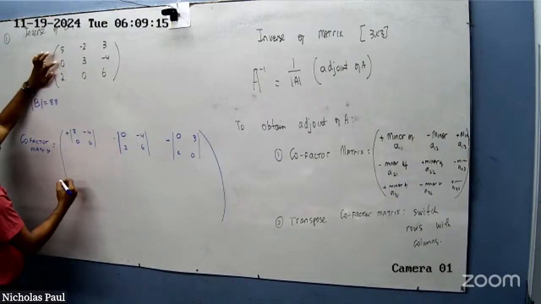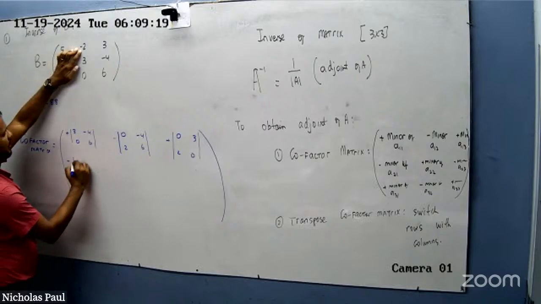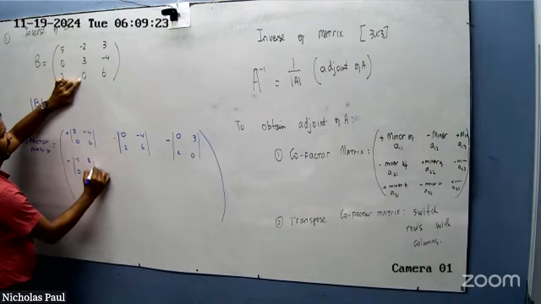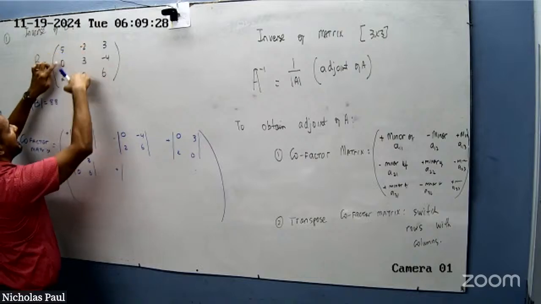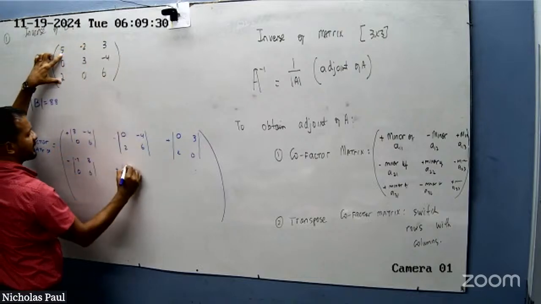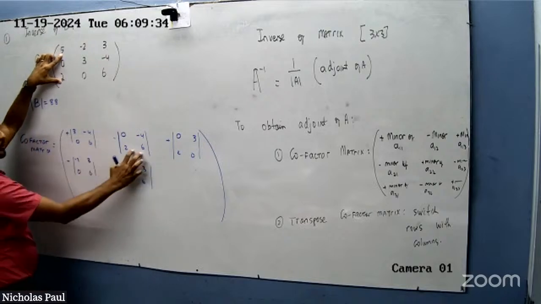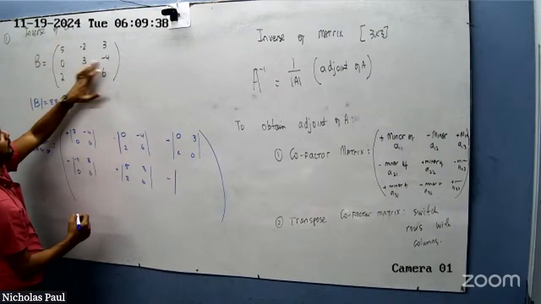Next, this one here will be minus, its minor is 2 times 3 minus 0 times 6. Plus, its minor here is 5 times 3 minus 2 times 6. You'll recognize these two are always the same.